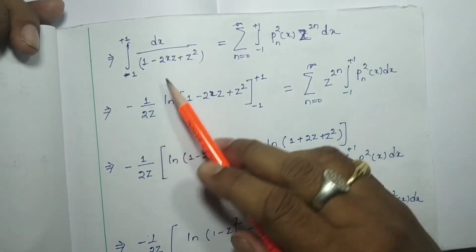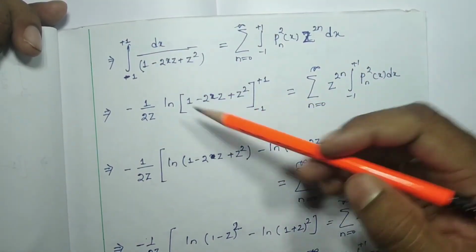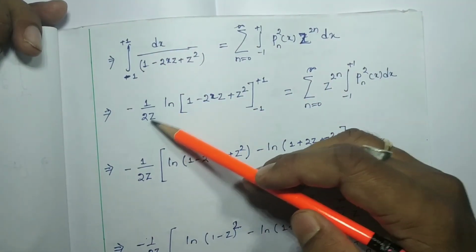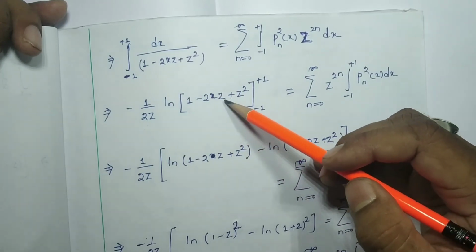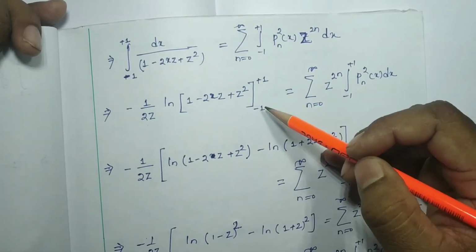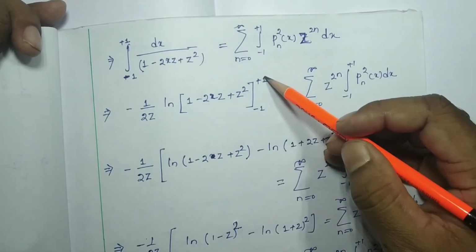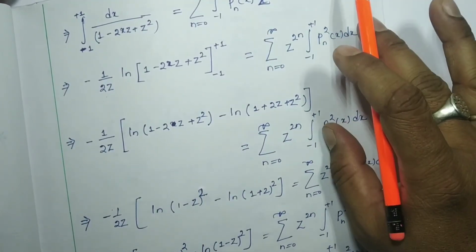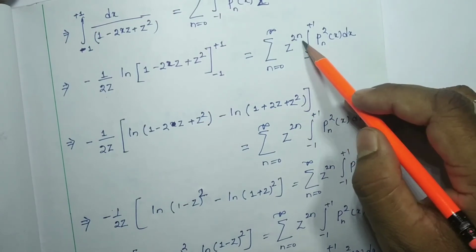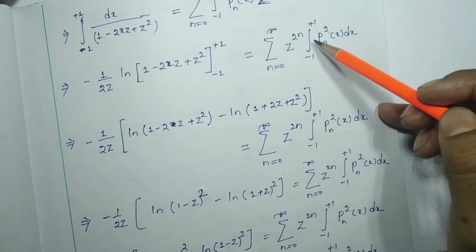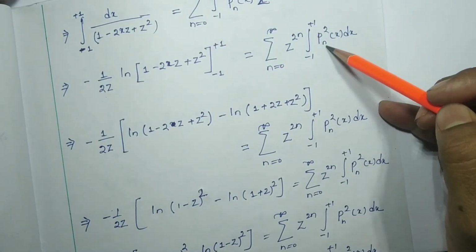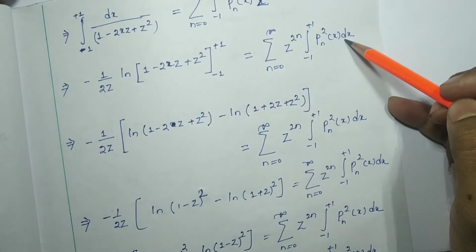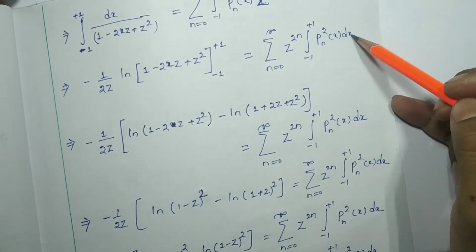Okay, now integrating this one, it will be 1 by 2z ln of 1 minus 2xz plus z square, and the limit should be minus 1 to plus 1, and here we have to keep this integration as usual, z to the power 2n I just wrote outside the integration, and integral minus 1 to plus 1 pn square x dx.